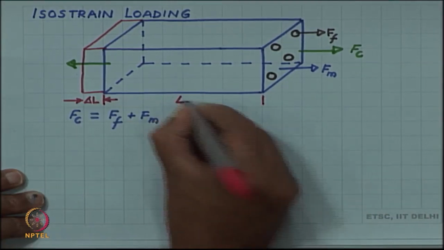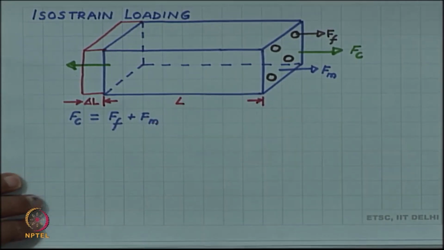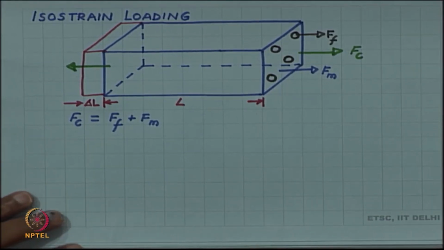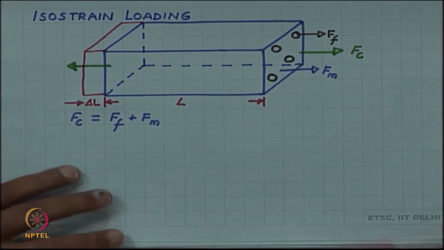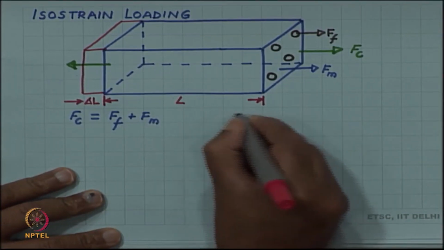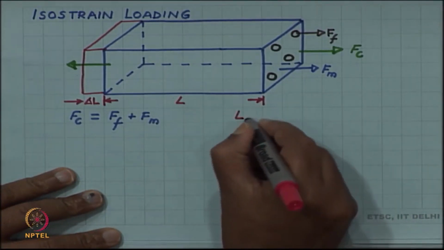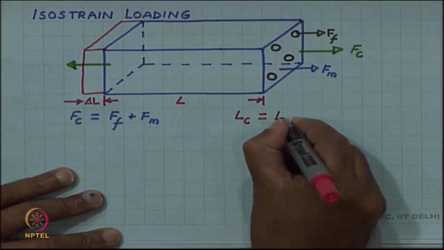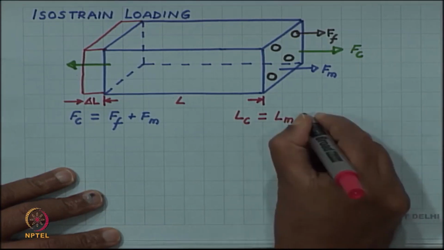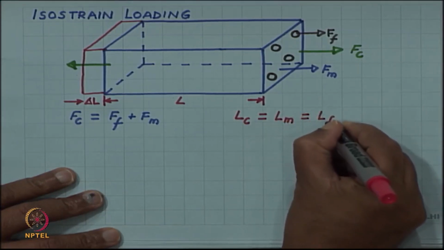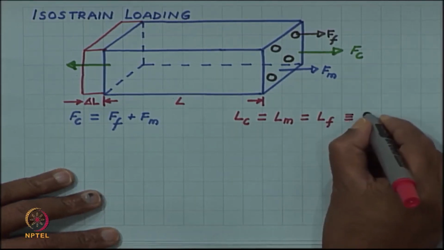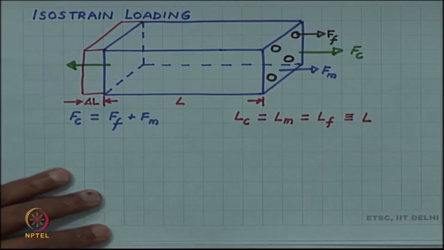The original length of the composite was L. You can also see here that the original length of the composite LC is the same as the original length of the matrix and the length of the fiber. All of these are the same, and so we are designating all these equal lengths by L.